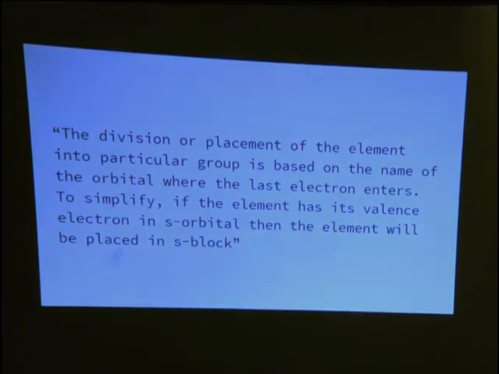To simplify, if the element's last electron has entered the s subshell, it will be in the s block. If the element's last electron has entered the p subshell, it will be in the p block.